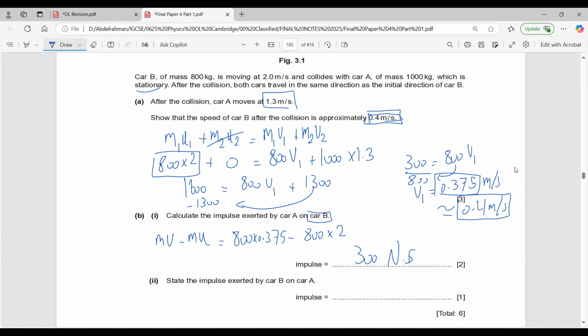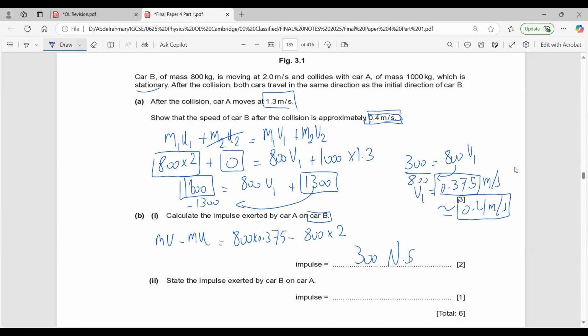That's it. But Mister, I thought about it and didn't solve it this way. Initially, car B had a momentum of 1600, and car A had a momentum of 0. Finally, car A had a momentum of 1,300.